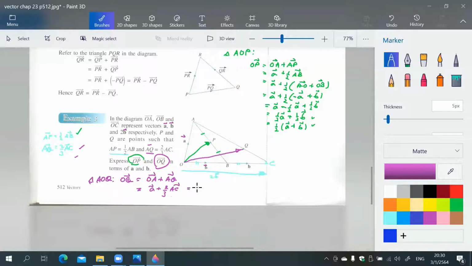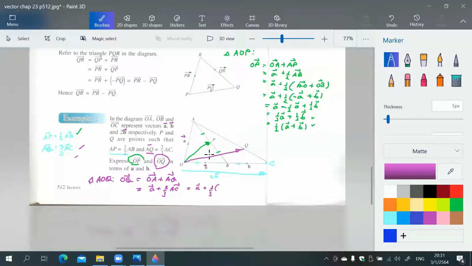Now we have to find vector AC. I can use the biggest triangle here, ACO, because I have the data of OA and OC. So I use triangle ACO.